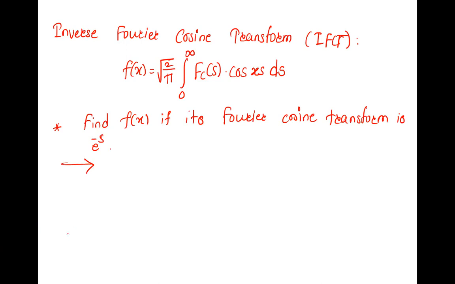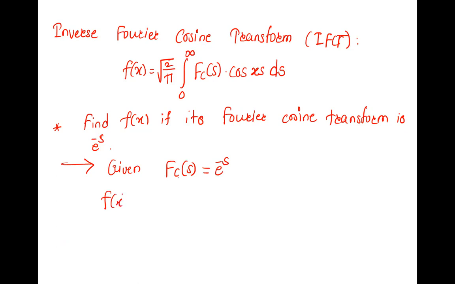Find f of x if its Fourier cosine transform is given. Given is the Fourier cosine transform, F_c(s), which is e raised to minus s, and asked is f of x.